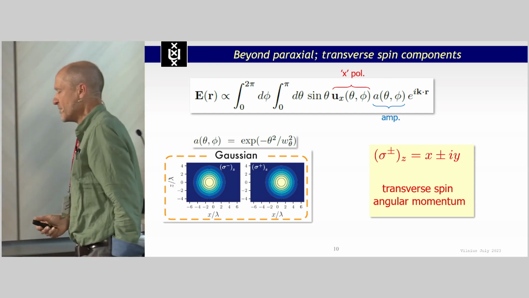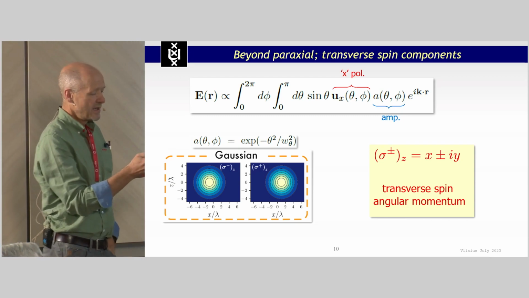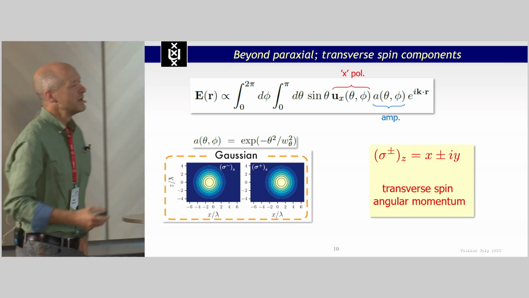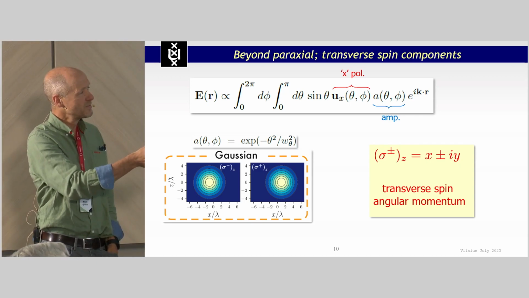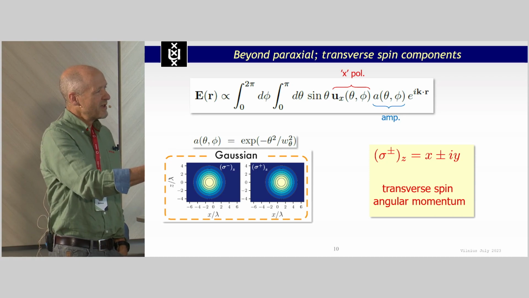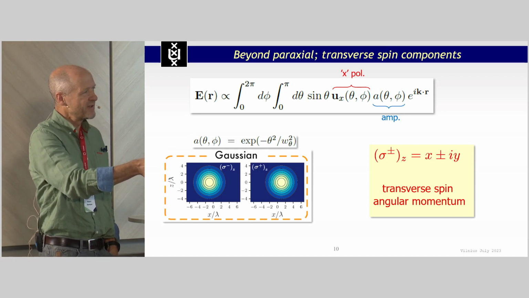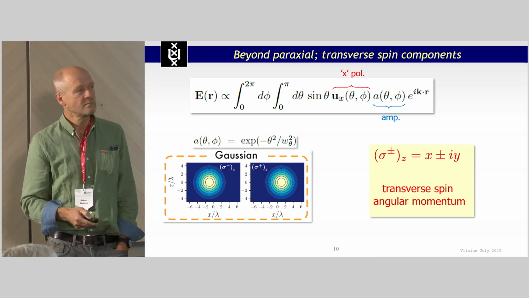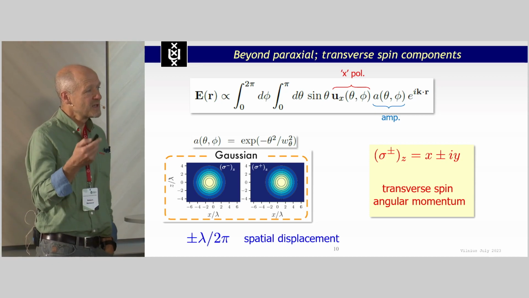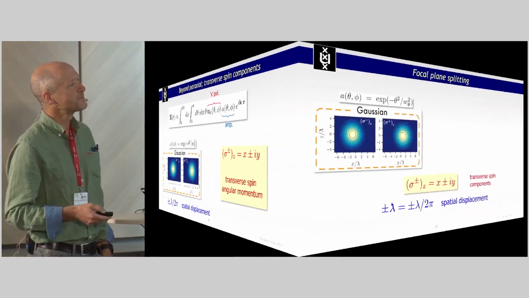So this is a bit unusual perhaps, but if you do that, what you find is that the Gaussian beam cross-section just splits in two, okay, and so the sigma minus component is shifted left by lambda bar, this one is shifted right by lambda bar. So this is transverse spin angular momentum, if you wish.